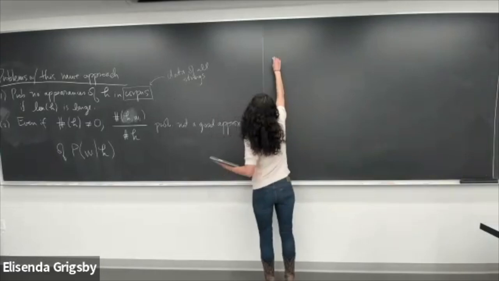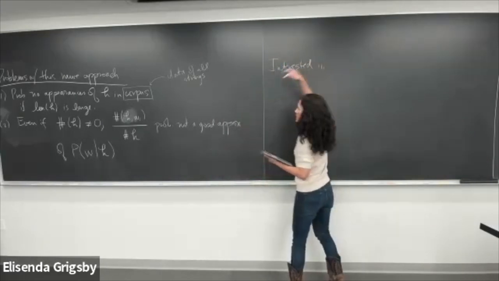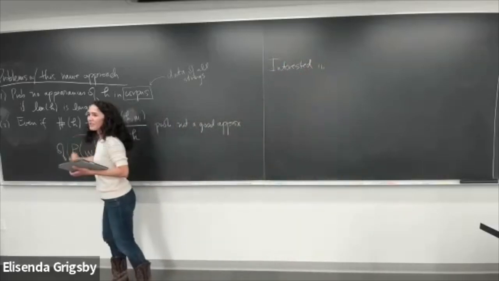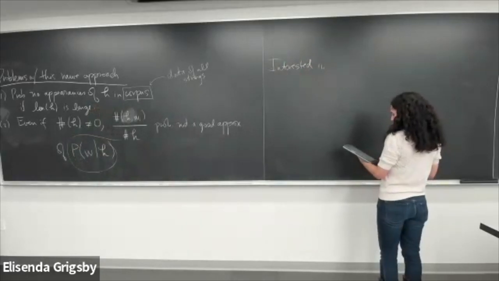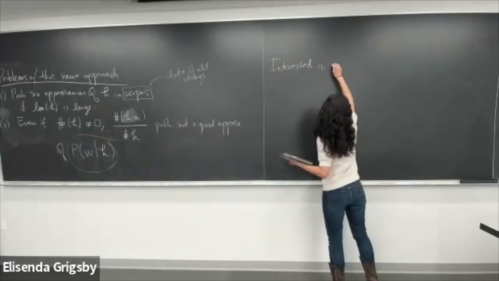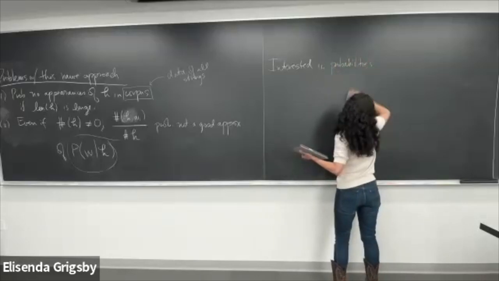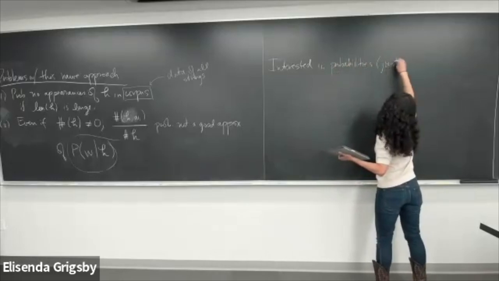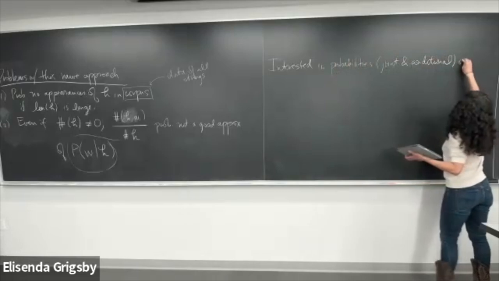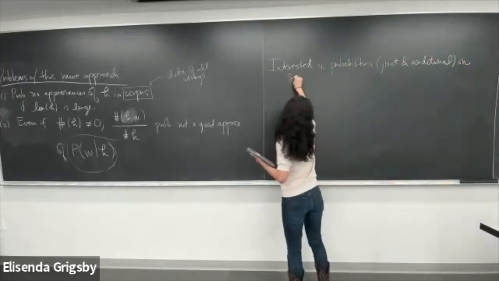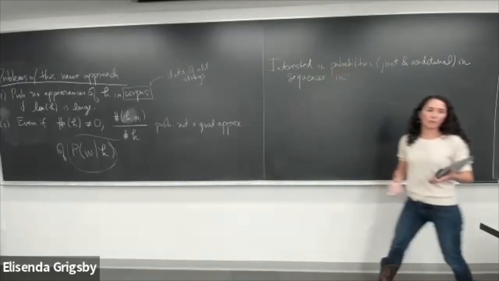So yeah, we're still interested in these sorts of conditional probabilities. We're still interested in probability distributions on sequences of words, joint and conditional, on sequences in our theoretical corpus.